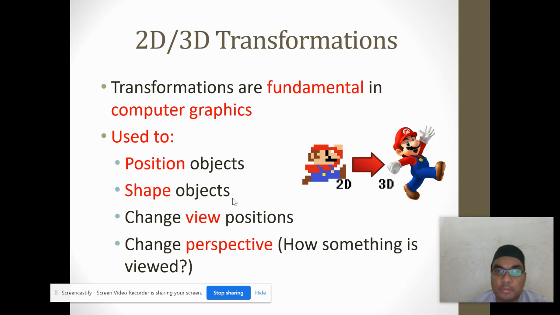Then there is change of view positions. As you have already done before in SolidWorks, there is the top view, front view, side view, and also changing the perspective: is it clearer in the front view, or more clear in an isometric view.